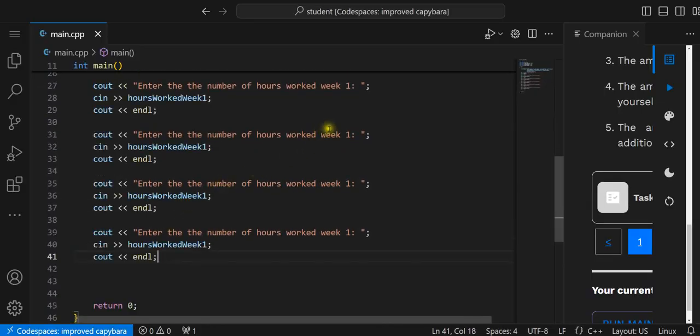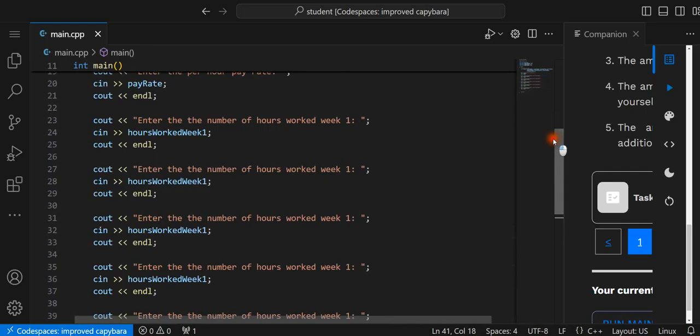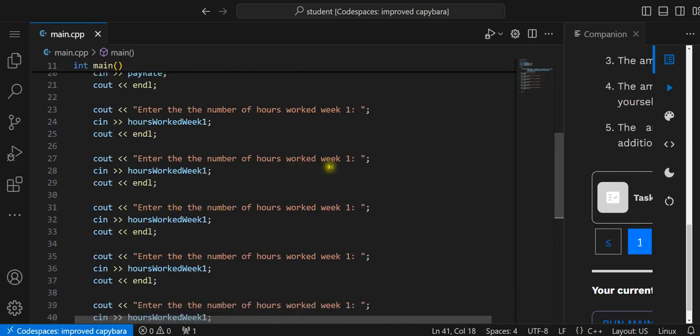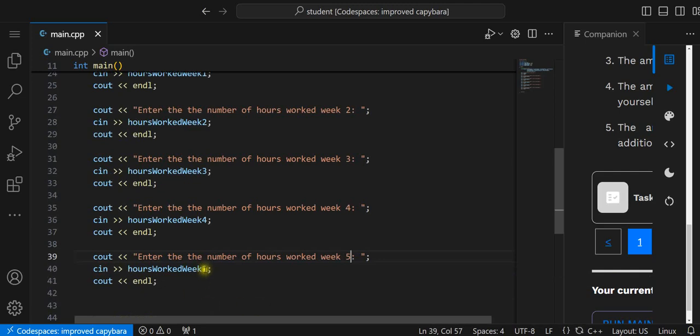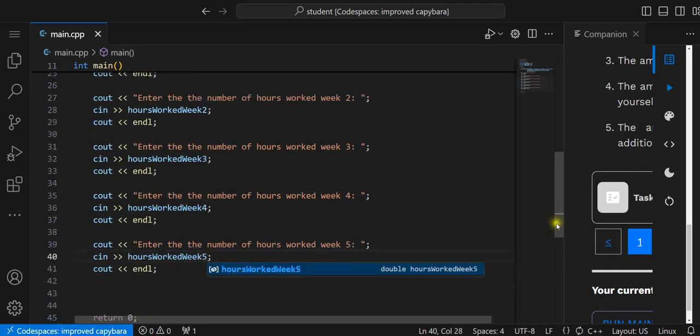So let's make those changes. So we got week 1. So now we're going to do week 2. 2 here, 2 there, 3 there, and 3 there, 4 there, and 4 there, 5 there, and 5 there.